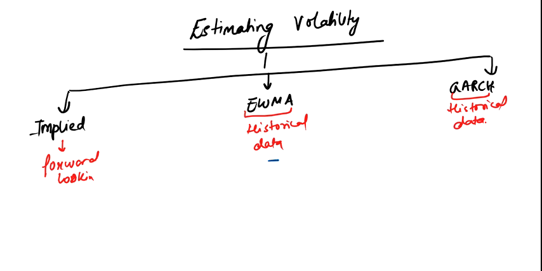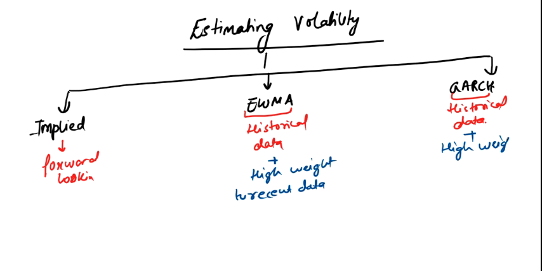Apart from this, it will give high weight to recent data. Clear? And GARCH will also give high weight to recent data, and it will also include the concept of mean reversion. Clear?